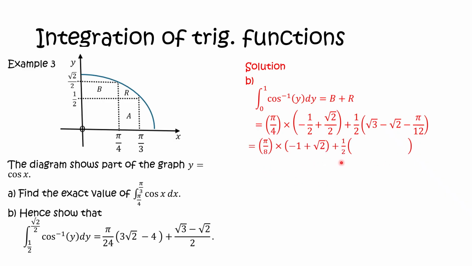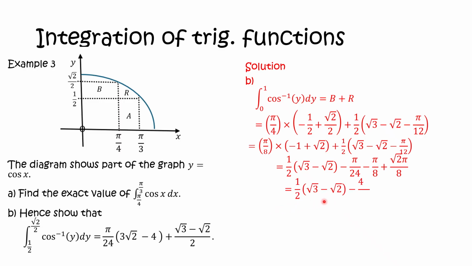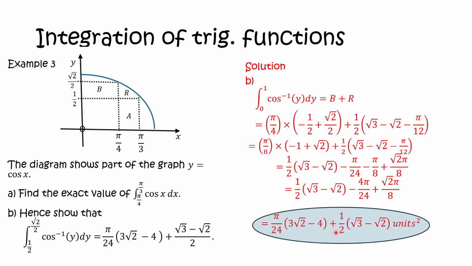Then simplifying our work, we are going to get that. And moving on to simplify further, we get that, expanding the bracket, then grouping the like terms, we would get to that stage. And then finally, we can show that pi over 24 times 3 root 2 minus 4 plus half root 3 minus root 2 square units is what we would have on the right-hand side.